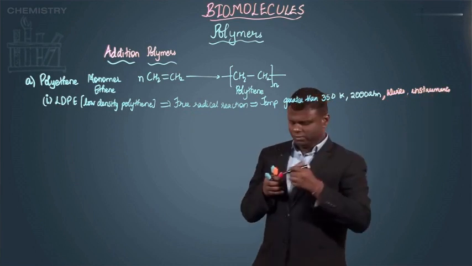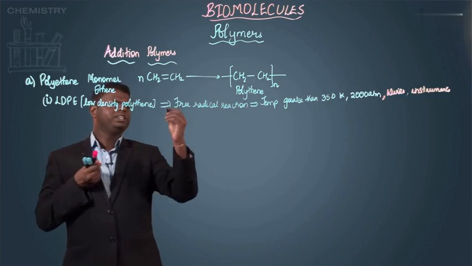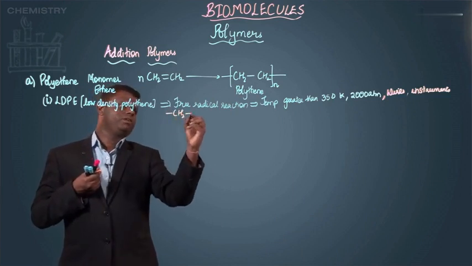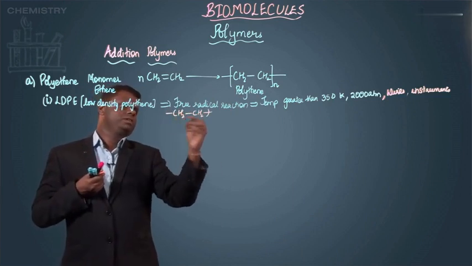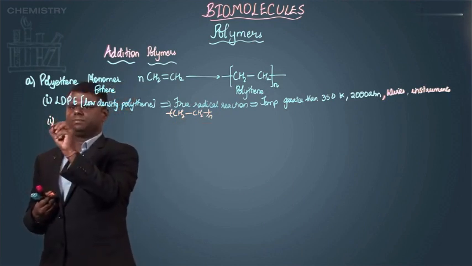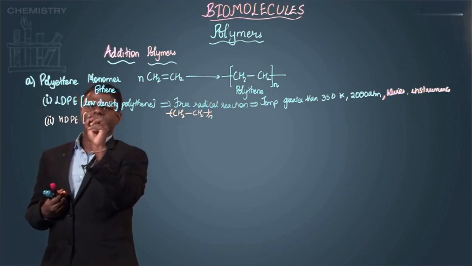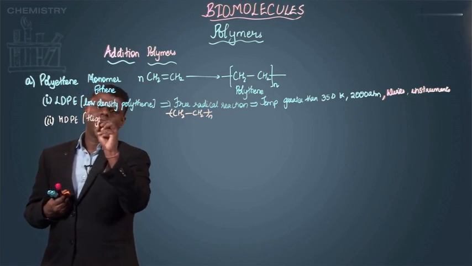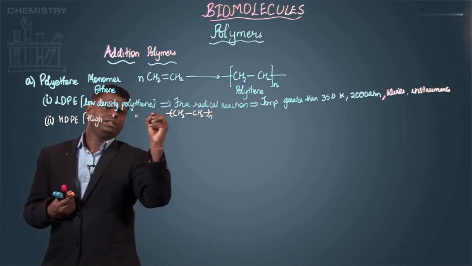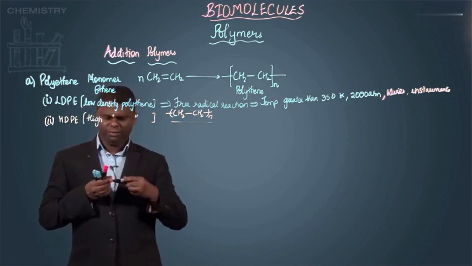Okay, now the next is high density polyethylene. Definitely the structure of the polymer is going to be the same. The next is HDPE, high density polyethylene. The same thing. The structure of the polymer is going to be the same as well.